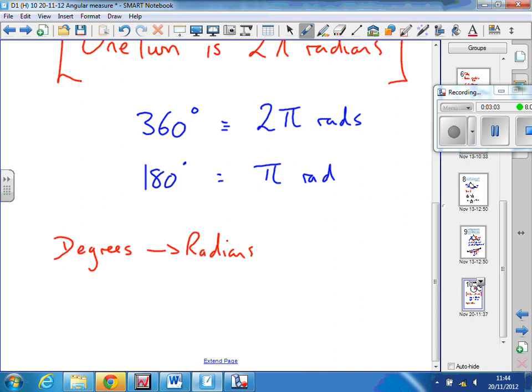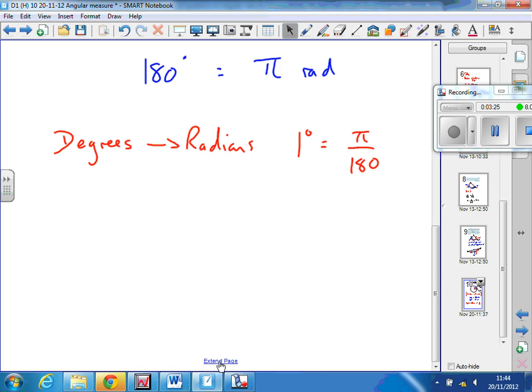So if 180 degrees is pi radians, what do I do to get 1 degree? So the conversion factor is I just multiply my angle in degrees by pi over 180, and I've got it in radians. So for example, 35 degrees is 35 times pi over 180. And that's how I convert.